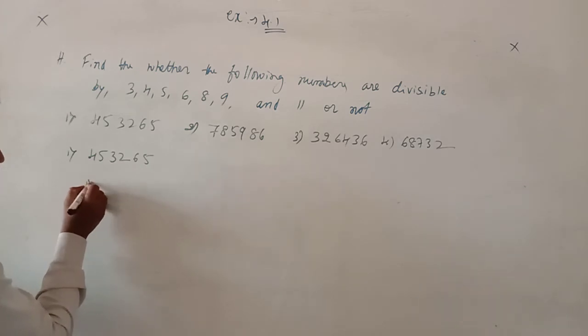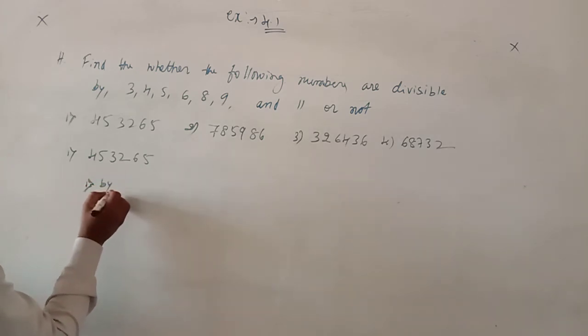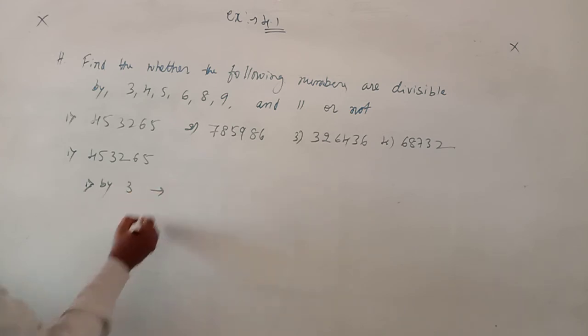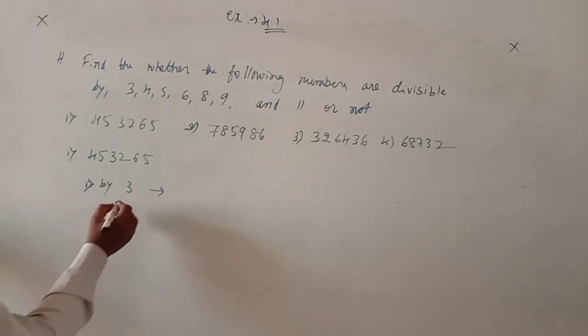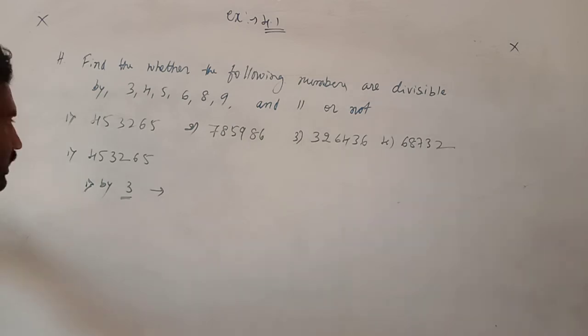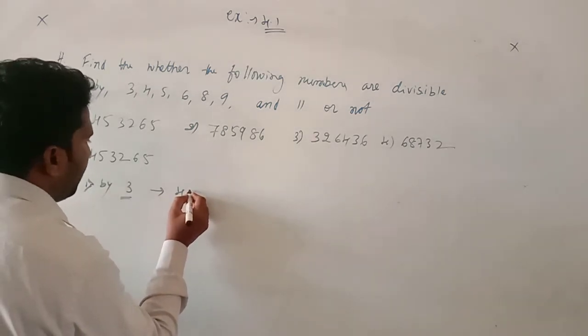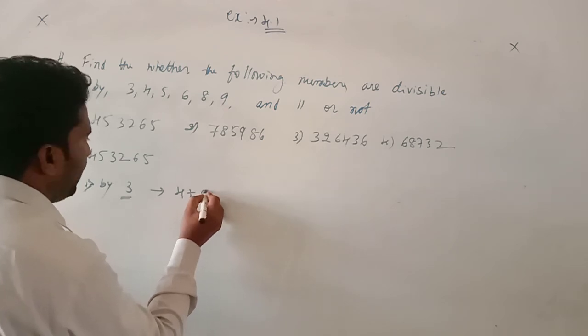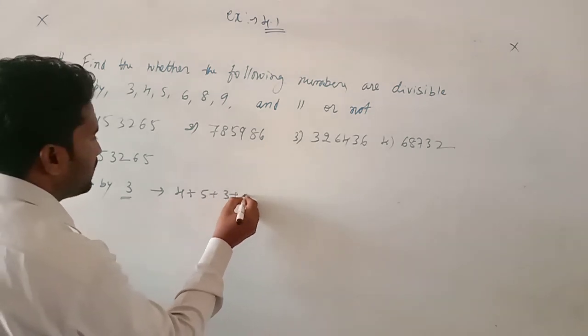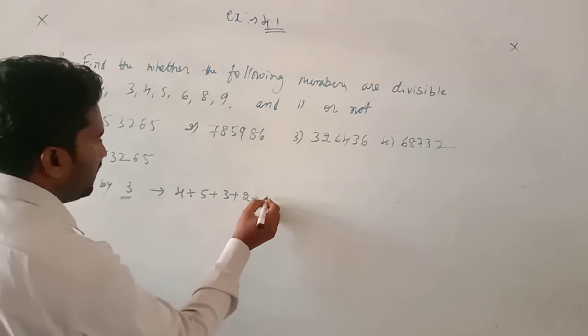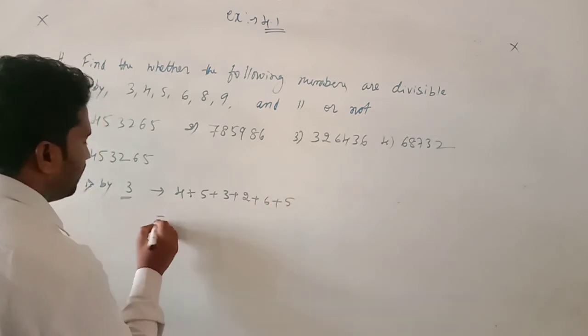So first, by 3. What is the rule for 3? Sum of all the digits: 4 plus 5 plus 3 plus 2 plus 6 plus 5.